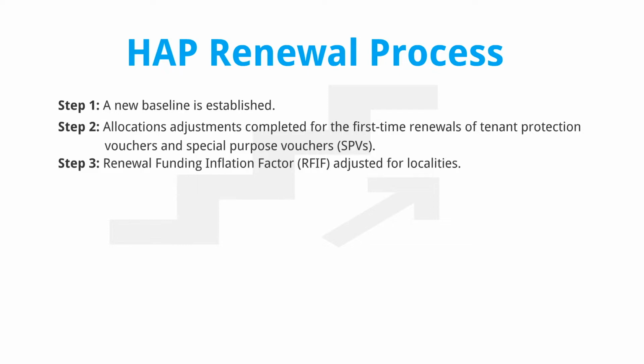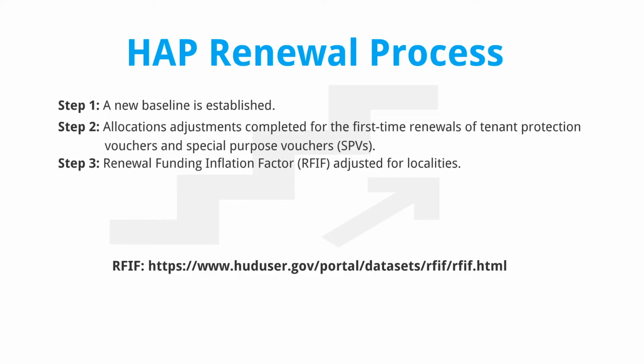A PHA-specific number is applied to PHA's calculated 12-month renewal requirement after all adjustments have been applied under Steps 1 and 2. The RFIFs are published by HUD's Office of Policy, Development, and Research, PD&R, and can be found at the following website. Step 4.